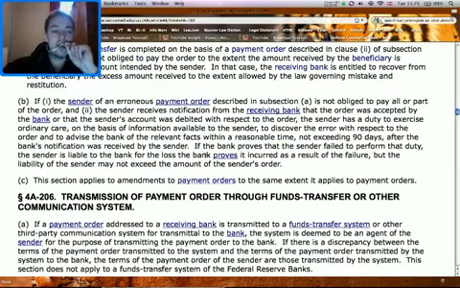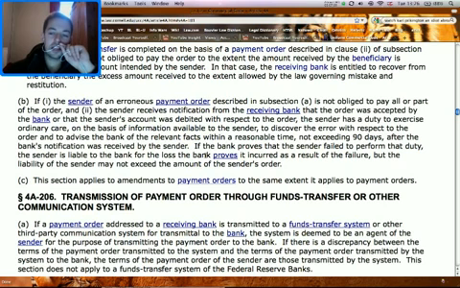B. If 1, the sender of an erroneous payment order described in subsection A is not obliged to pay all or part of the order, and 2, the sender receives notification from the receiving bank that the order was accepted by the bank, or that the sender's account was debited with respect to the order, the sender has a duty to exercise ordinary care on the basis of information available to the sender to discover the error with respect to the order and to advise the bank of the relevant facts within a reasonable time not exceeding 90 days after the bank's notification was received by the sender.